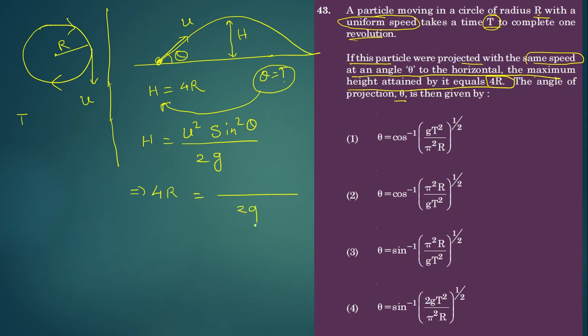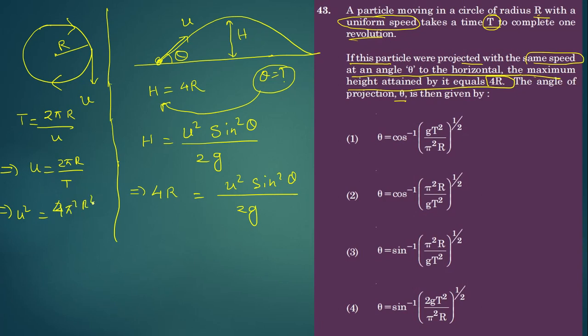What is time period? Time period is equal to 2 pi r divided by u, distance by speed. Thereby the speed will be equal to 2 pi r divided by t. Since I need u square here, I will square this. U square will be equal to 4 pi square r square divided by t square.